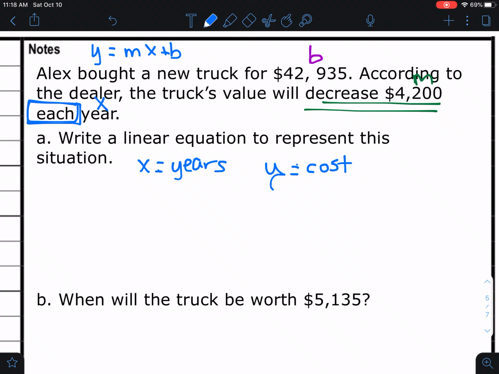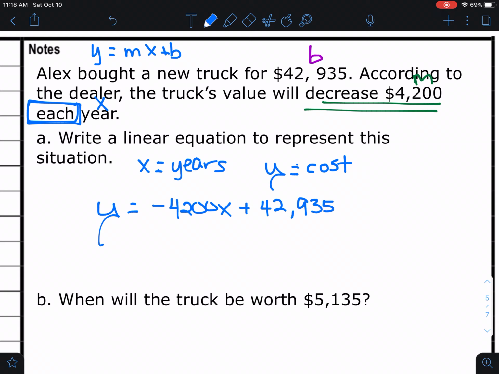I'm going to write it in y equals mx plus b form. You could flip these around a little bit if you wanted to, but I'm going to say mx. We know our slope is 4,200, but it's decreasing, so that should be negative 4,200x, and then plus 42,935.